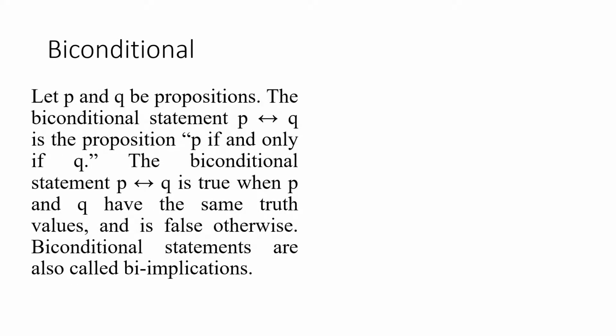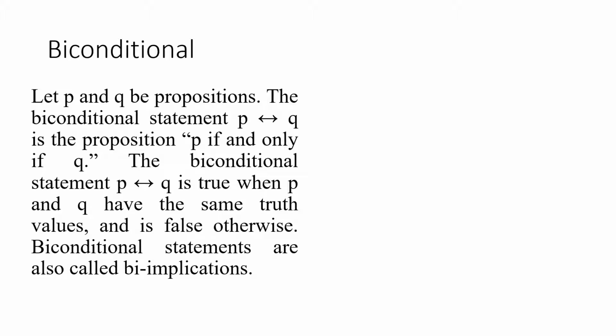So let's have the biconditional statement. Let P and Q be propositions. The biconditional statement P if and only if Q has the symbol of a double arrow.